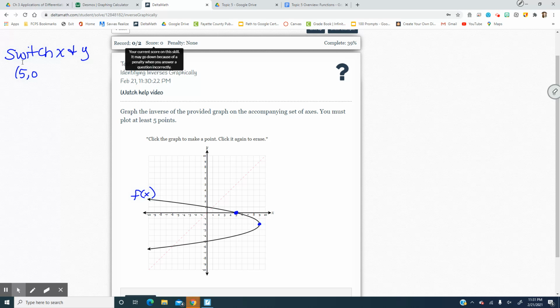Wait, I don't want to write that right there. Let's label this f of x. Make an xy chart for f of x. X's and y. So there's a point at 5, 0. There is a point at 9, -2.